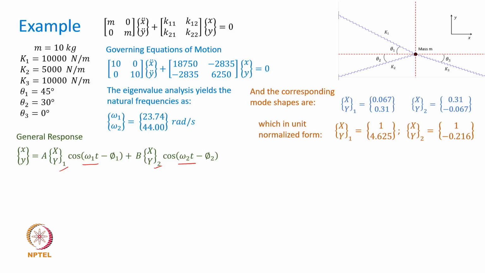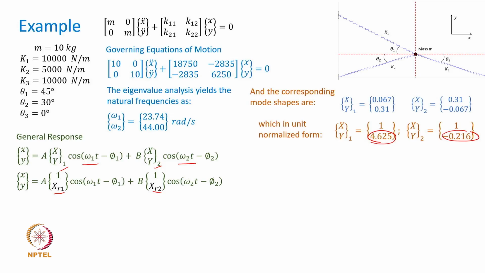There is another way to write this, which we also discussed, where the mode shapes are unit normalized, and this value is written as xr1 and xr2. This is another alternate way to write it, where a and b are arbitrary constants. Now this is a general response expression.